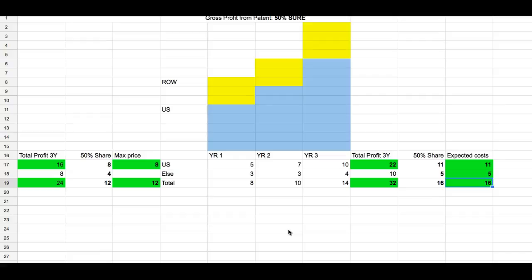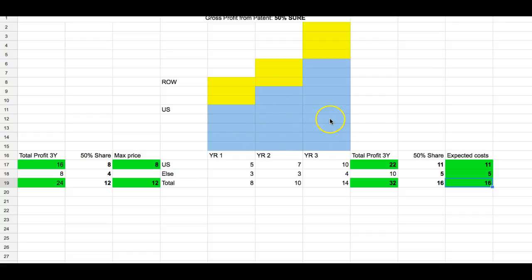No, basically this is what I expect that I will make. This is the gross profit, because with 50% probability, that's the reason why we need to sell double compared with the other one, right? No. Basically, we need to read it from top to bottom. This is the profit that I expect to get if I buy this patent.